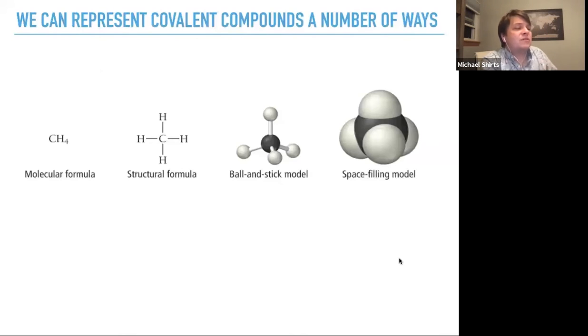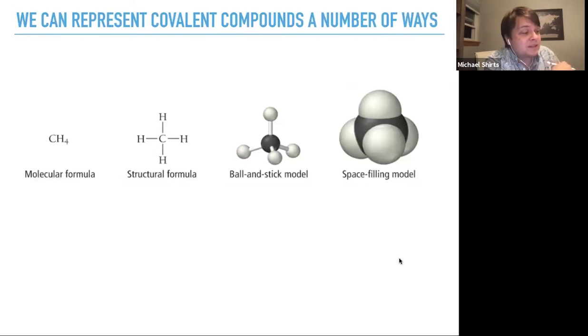We can represent covalent compounds in a number of different ways, and each has advantages and disadvantages. If I'm dealing with methane, I could say the molecular formula is CH4. That tells me some of the information I need to know. For example, it has one carbon and 4 hydrogens. And for a lot of things like stoichiometry, that's all you need to know.